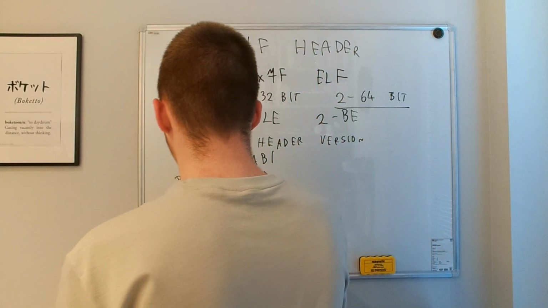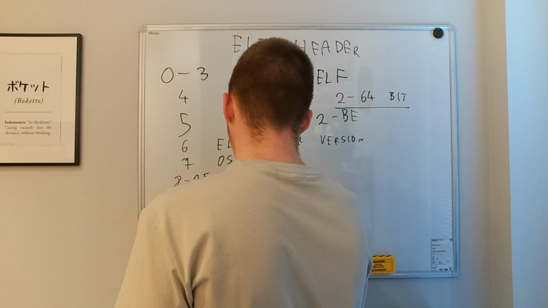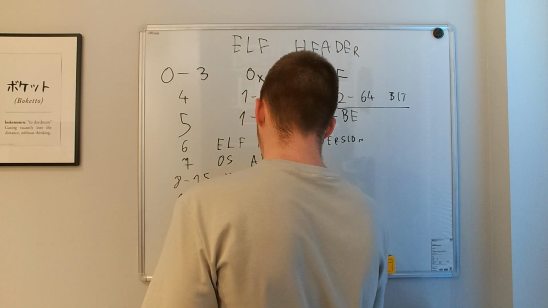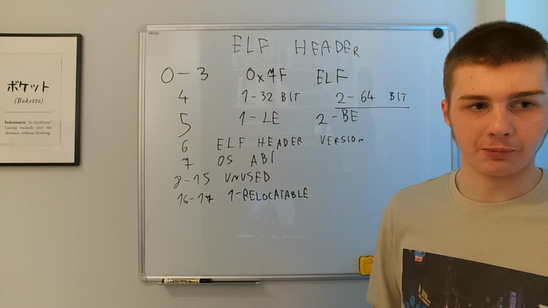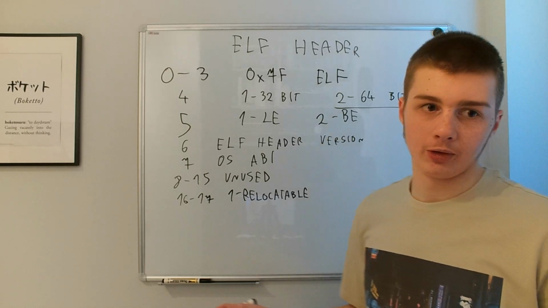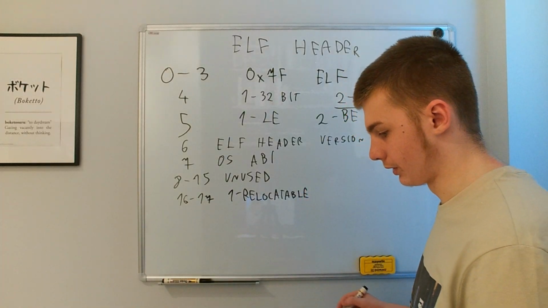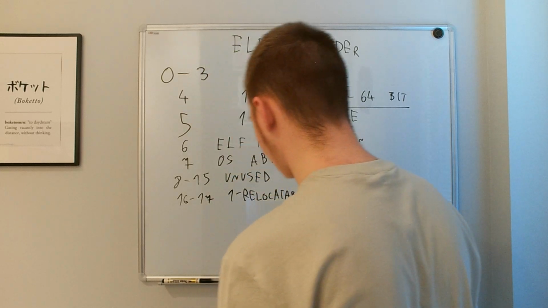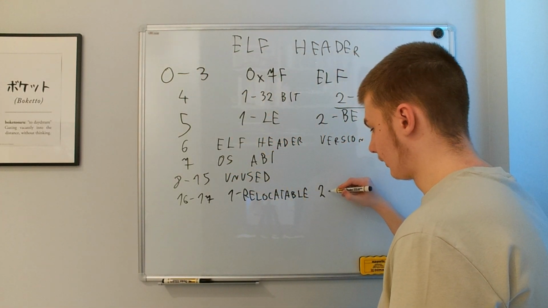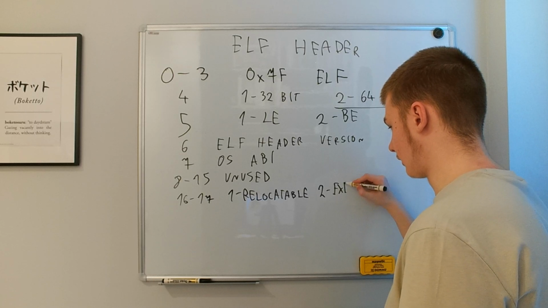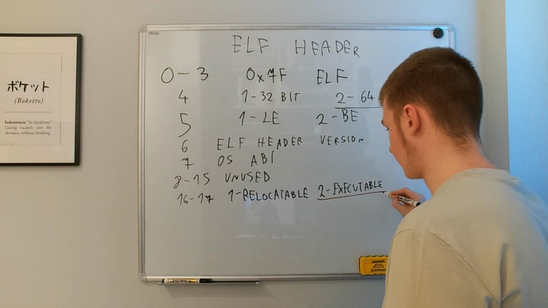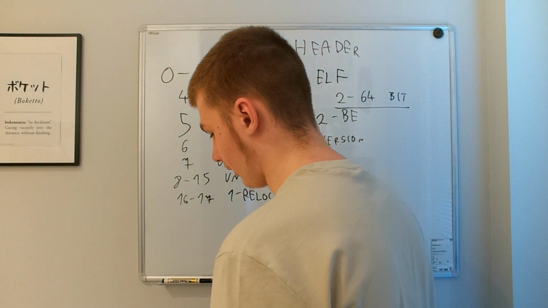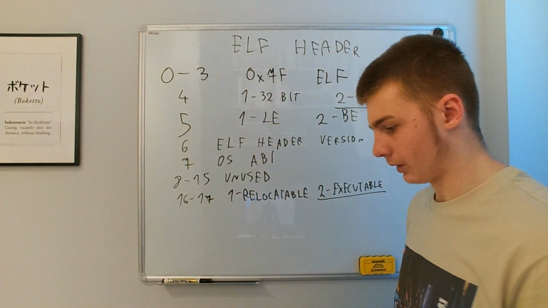The first type, 1, is relocatable, which is just a fancy name for an object file. So if it's 1, we're dealing with an ELF object file. 2 means that this is an executable file. And again, this is something that we want because we're trying to load an executable, so it really shouldn't be anything else.